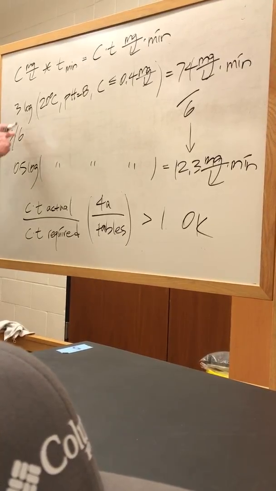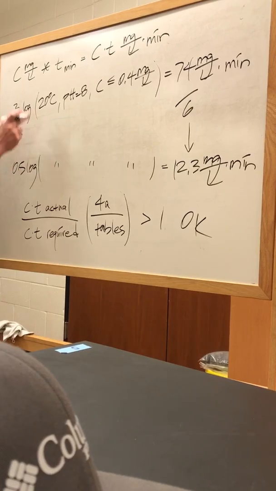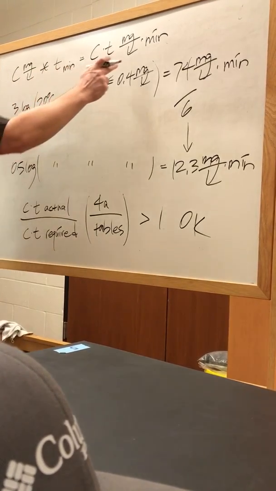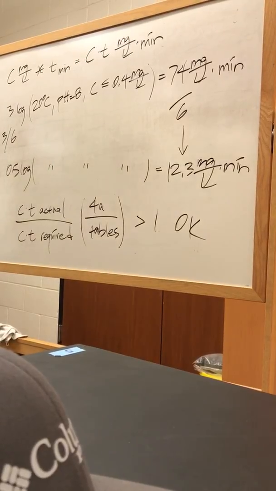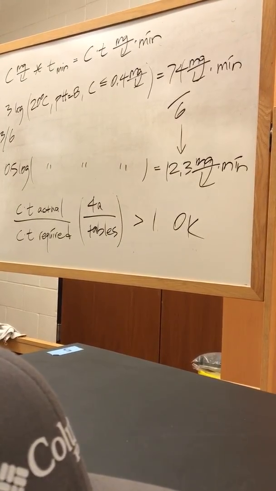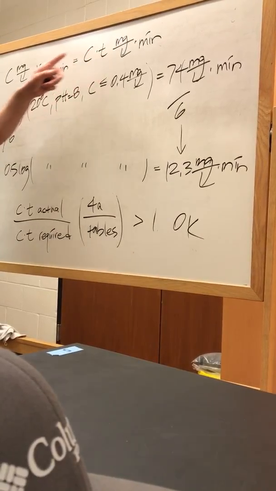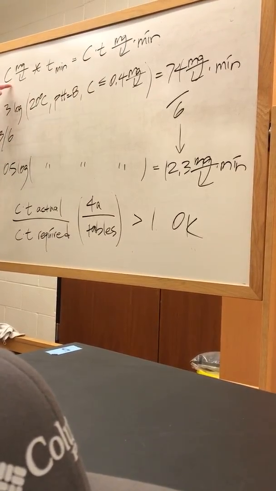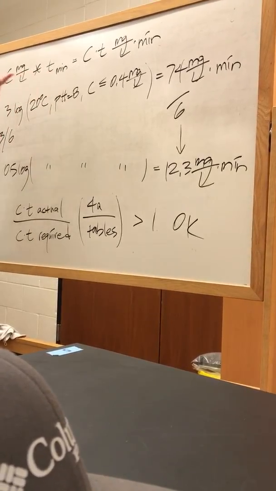So that log equals a CT value. Okay? So for this case, what you have to meet in a standard is your required CT. And that's just concentration times whatever time you're using for that reaction.